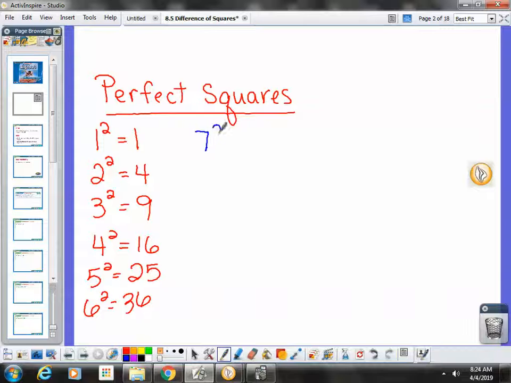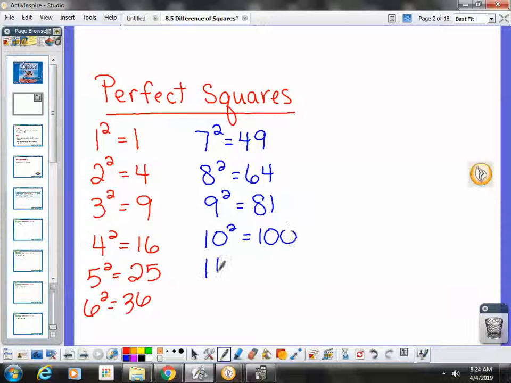What is 7 squared? 8 squared? 64. 9 squared? 81. 10 squared? 100. 11 squared? That's right, 121. 12 squared, anybody know that one? 144.